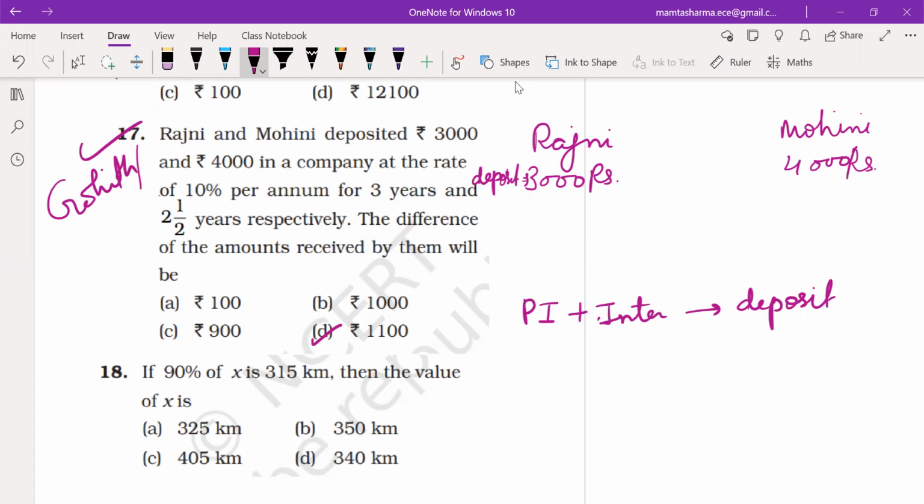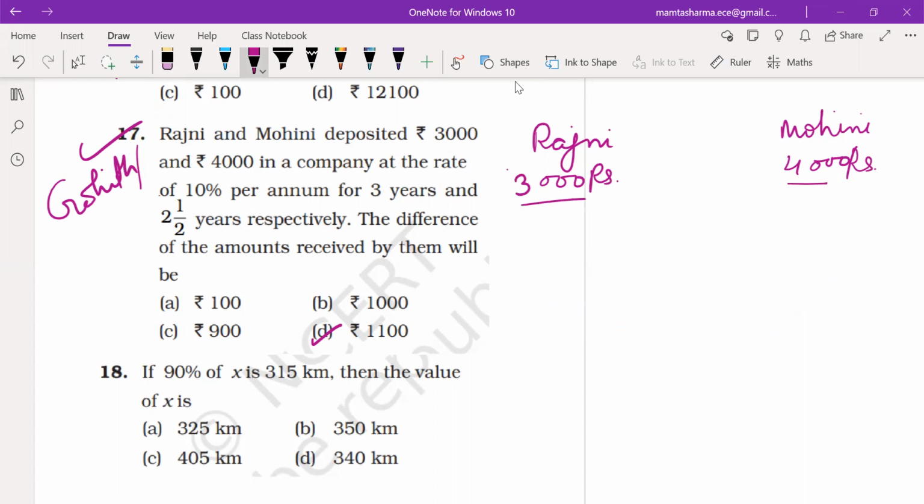Okay. Yes, principal amount only. I'm doing a little bit advanced. I thought it is tough, so the terms will be tough only. Okay. No problem. This is the principal amount. They deposited this much amount.